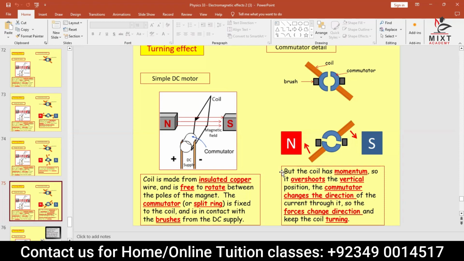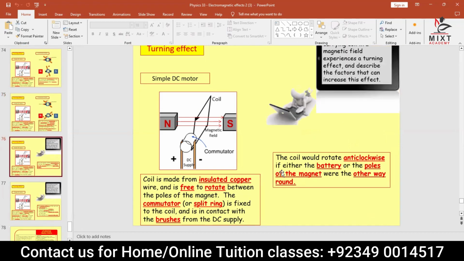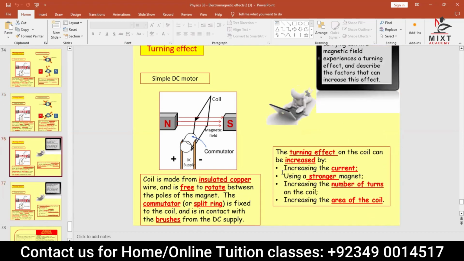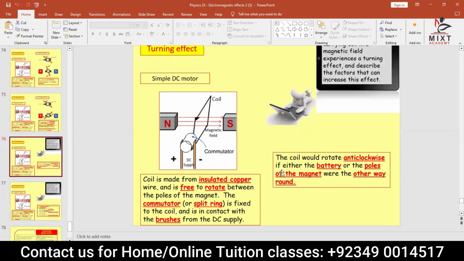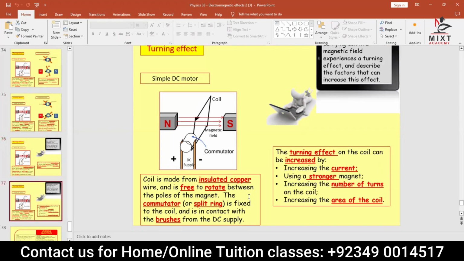Now I want you to copy this. Only 4 lines. Now the last one. Students, did you copy? Okay, everybody done.